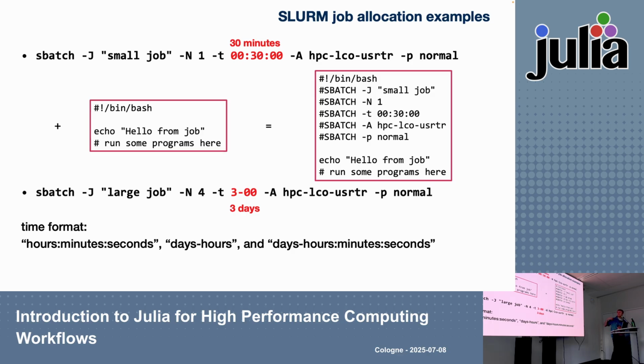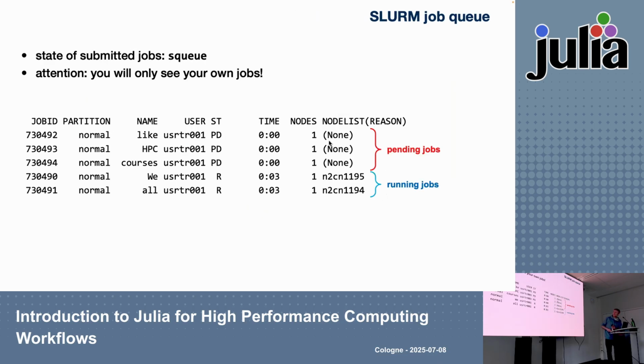And then Slurm will look into the schedule and decide when it should be executed. Then we can use the sq command to look at your jobs. So you see only your jobs, and you get this table with the job ID. Every job that is allocated gets a job ID, even if it's not running yet.